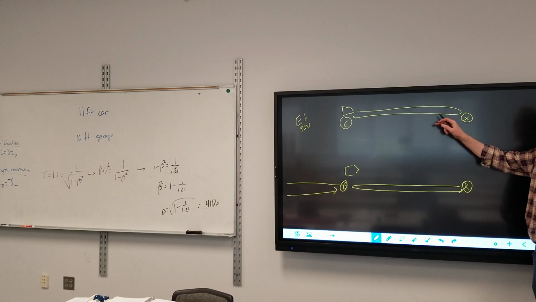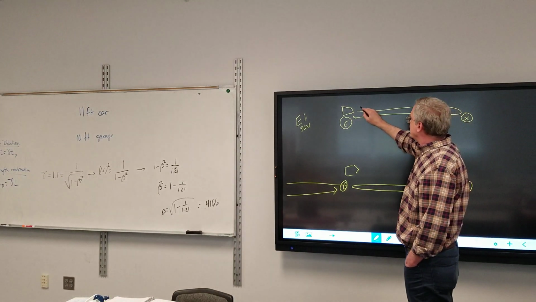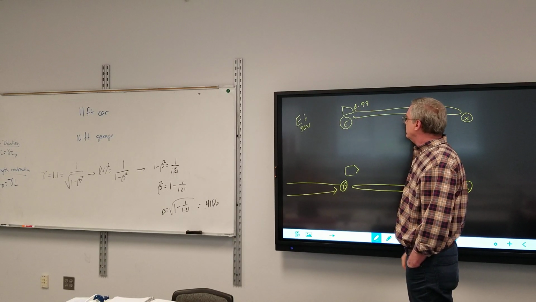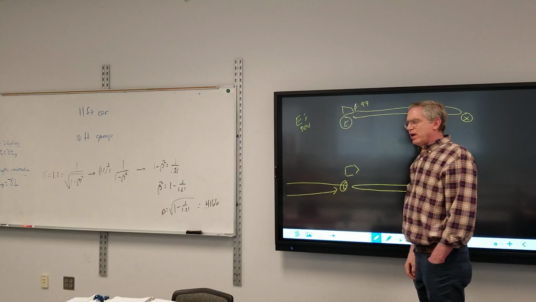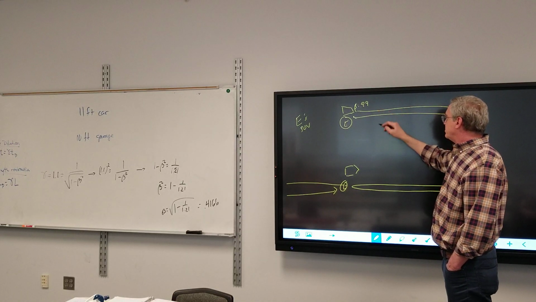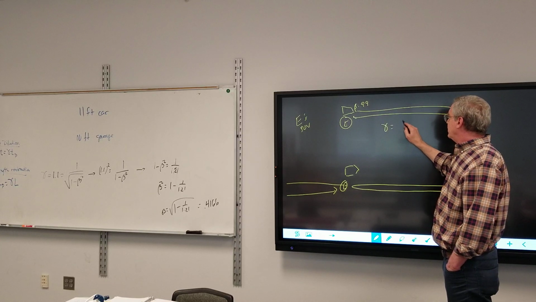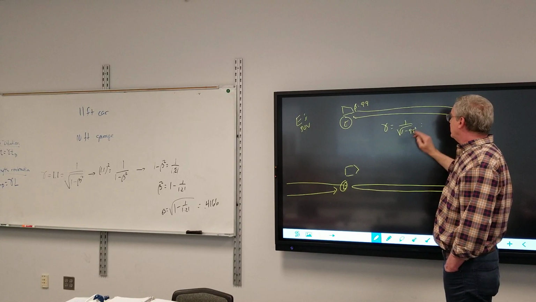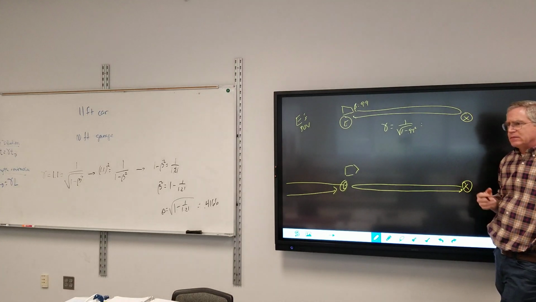In this scenario, the rocket's traveling at, let's just say, 0.99 times the speed of light, so beta is 0.99. Let's figure out how much time will pass, what the time difference will be. If that's beta, gamma is 1 over the square root of 1 minus 0.99 squared.